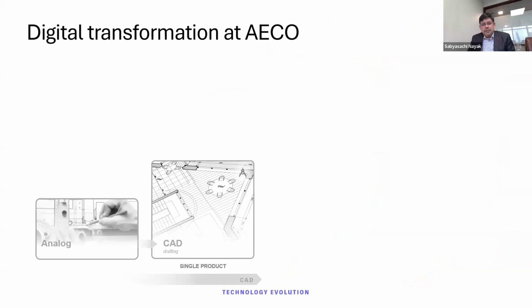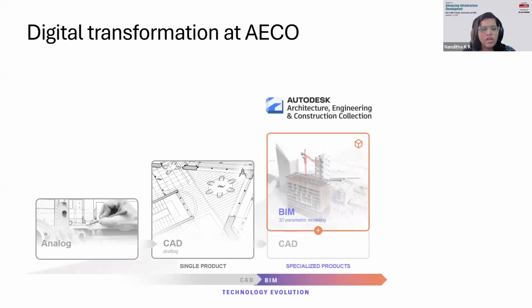Moving on, we started our journey and we would like to define it through three digital transformations. First was when we transferred from hard paper to a CAD-based system, during the 1980s. Next, after 20 years, around 2000, we adopted BIM. We went from 2D based modeling to 3D based parametric modeling.